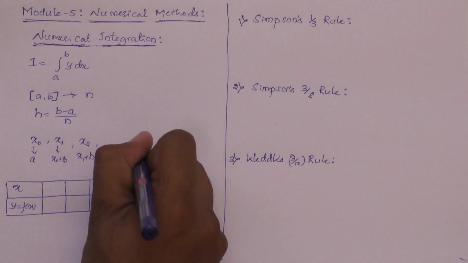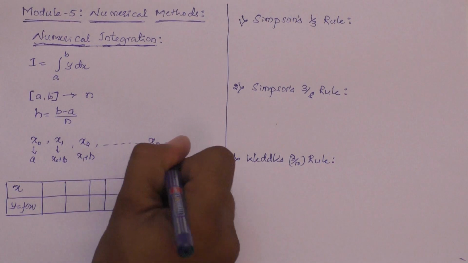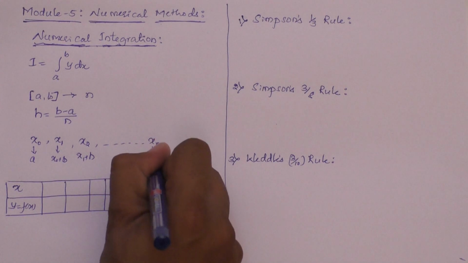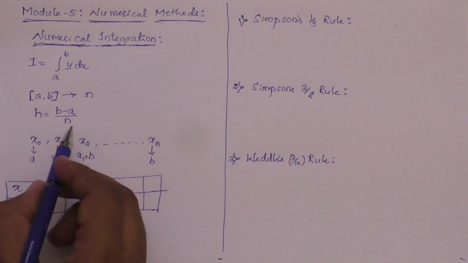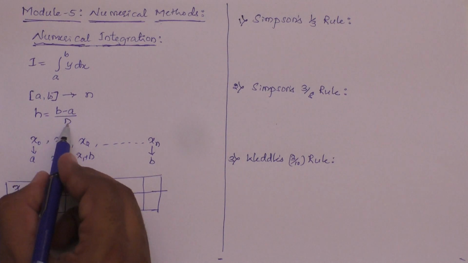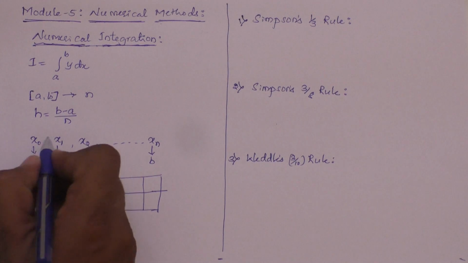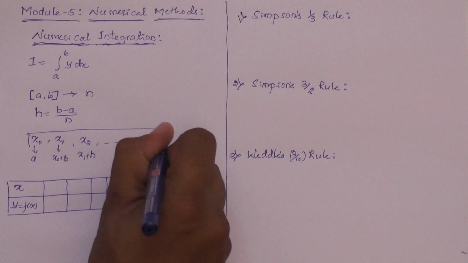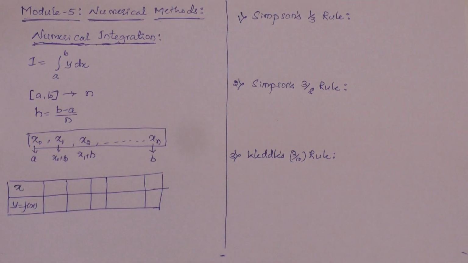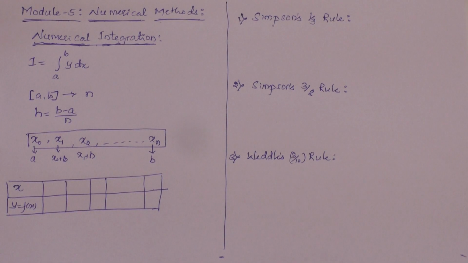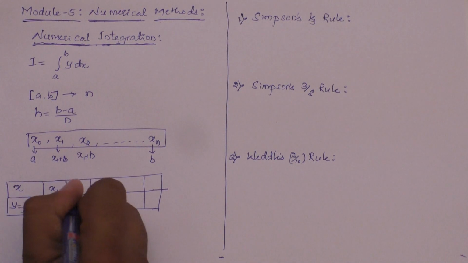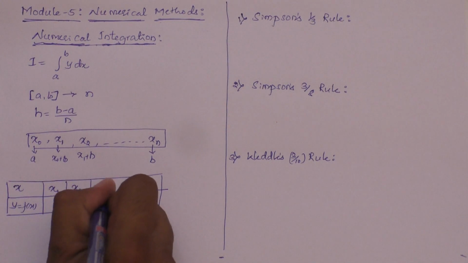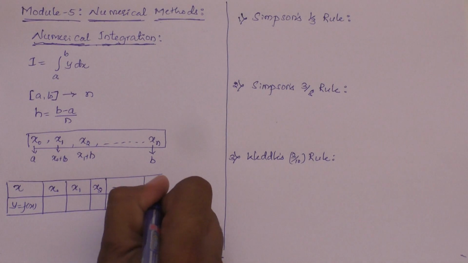Like this we go up to xn, which is b, the last value. If you divide the interval by taking h equal to (b minus a) by n, you get the x values. Once you get the x values, you construct a table. The x values here are x0, x1, x2, and so on up to xn.